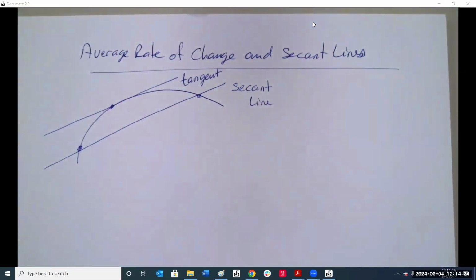A tangent line touches a curve at one and only 1 point. That's the difference, which is the difference between algebra and calculus.